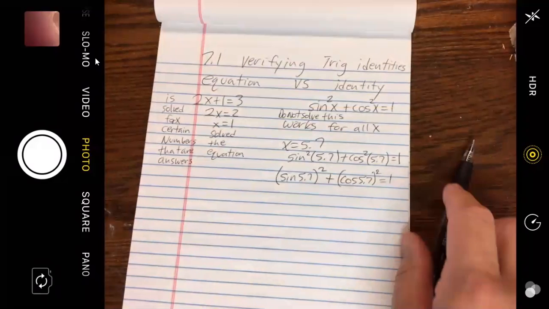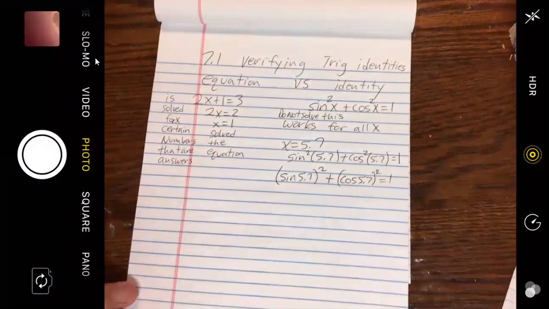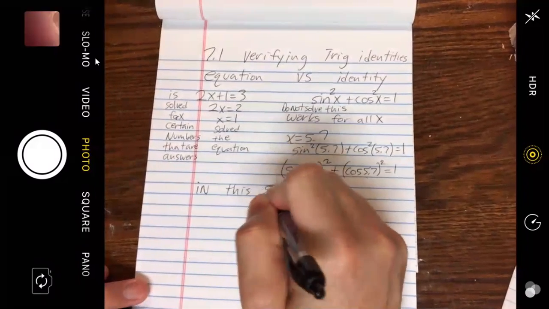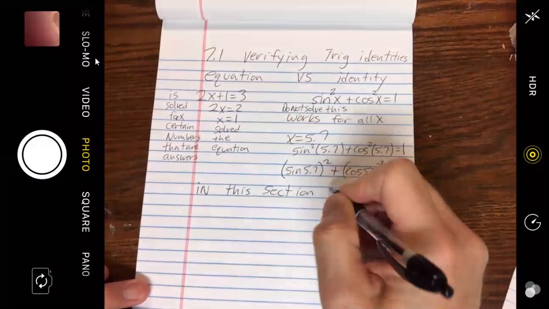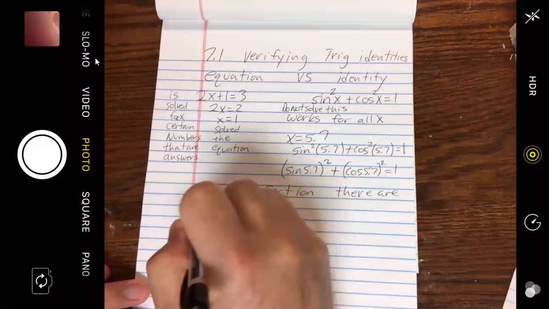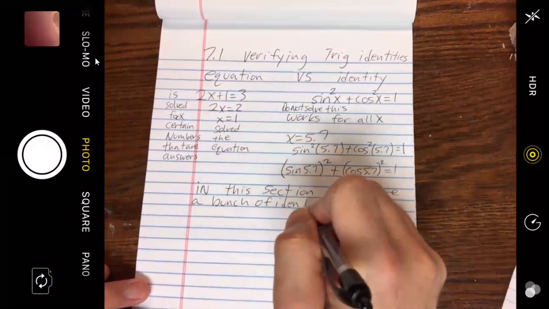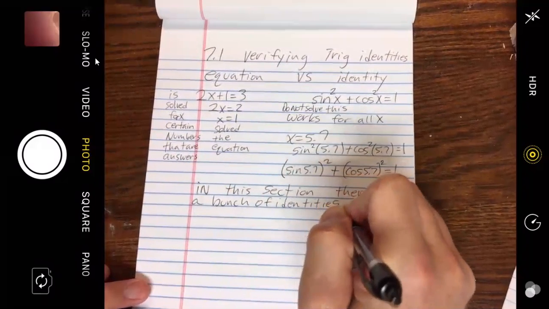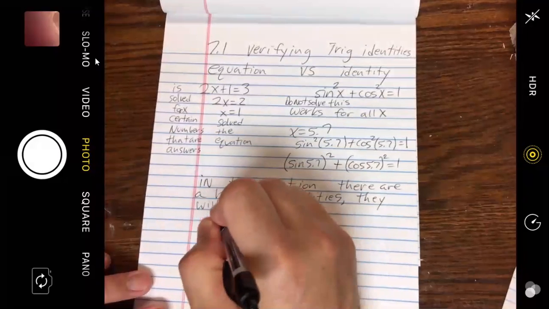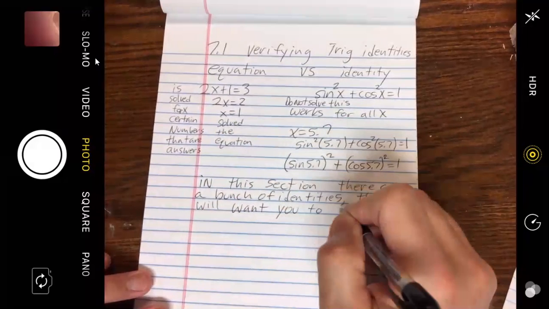So in this section, they're going to give you a bunch of identities, and they will ask you to prove them.